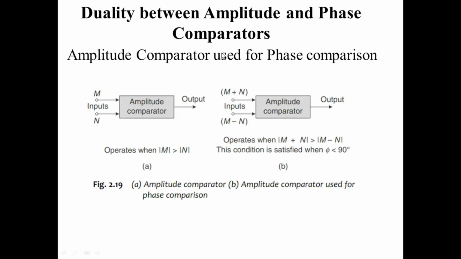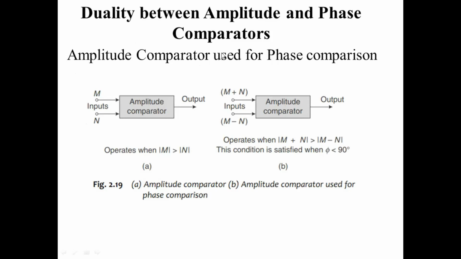What is meant by duality? We have to measure both comparisons: the amplitude comparator acts as a phase comparator and the phase comparator acts as an amplitude comparator. How does it work? It is discussed in that slide.